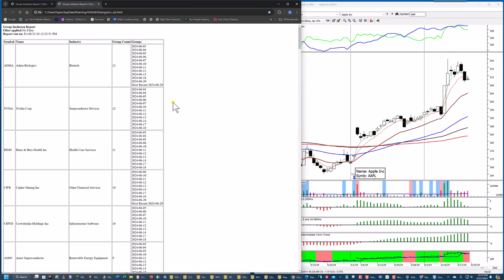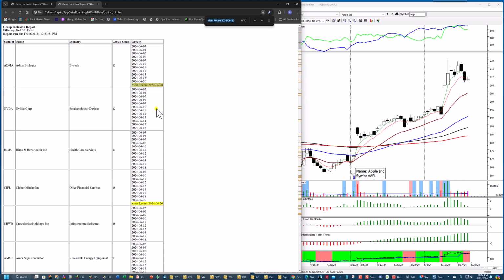So now when I run this group inclusion report, it's going to show me the stocks that appeared the most in June, and the most recent day will be right. If it's also yesterday's, it'll show up as the most recent.